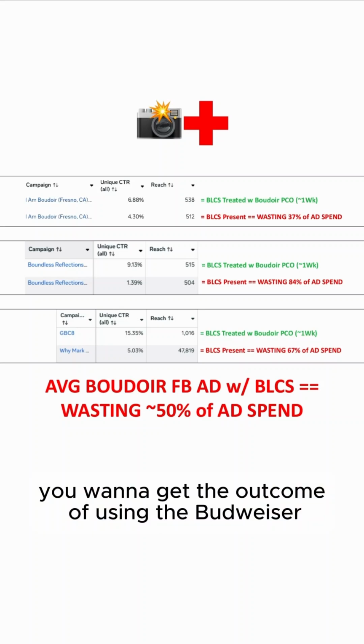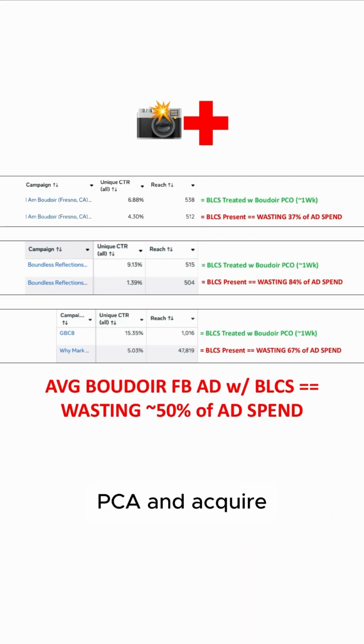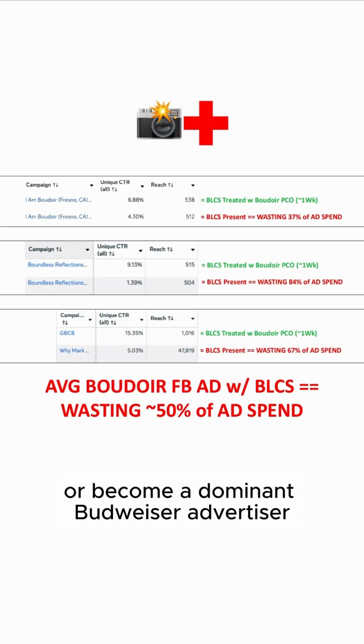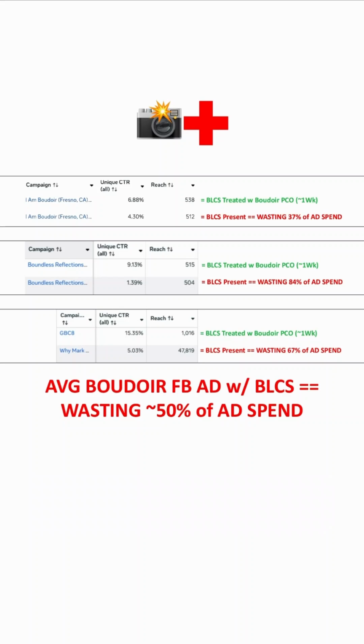If you want to get the outcome of using the Boudoir Pico treatment, and you want to achieve pre-click alignment, PCA, and become a dominant boudoir advertiser with Boudoir Brain Entry Boost, so that you can be on your way to being the number one boudoir photographer in your city, then shoot me a DM.